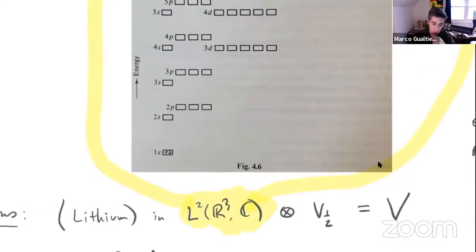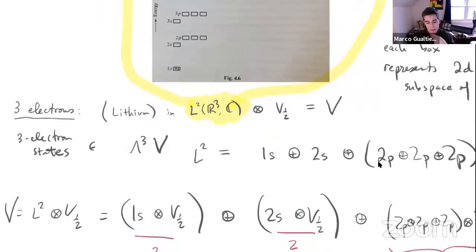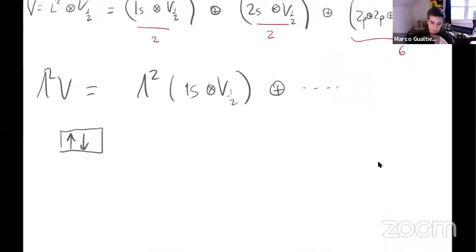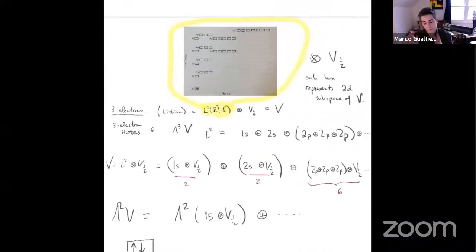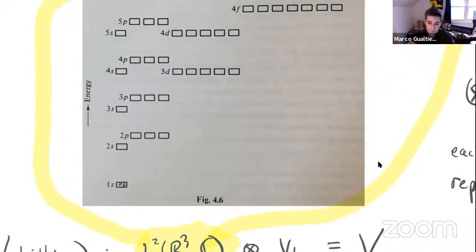The next one will go in here. Sorry, I went a little bit too quickly. I'm going to break up the computation into 2 pieces. These states and these states are distinguishable. They have different energy.